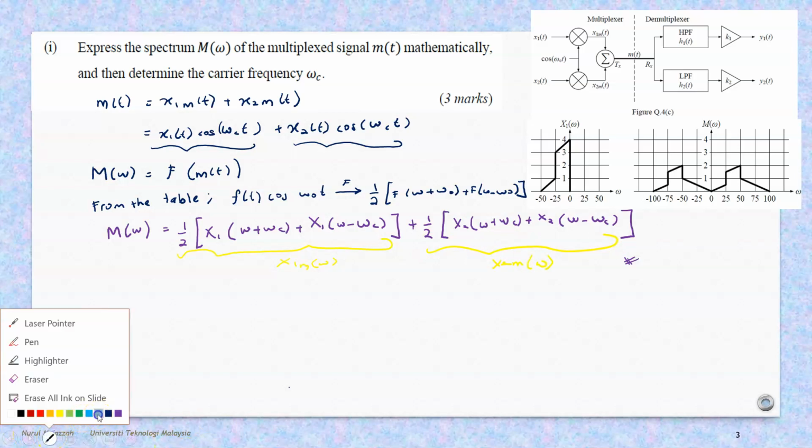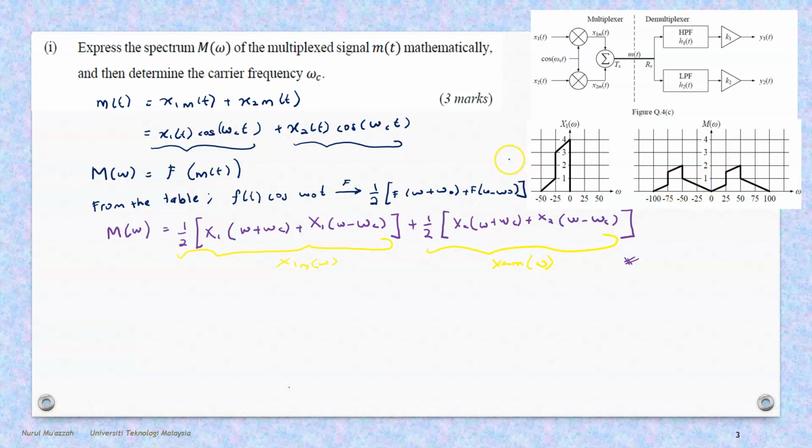Now we want to find the carrier frequency, so we have to observe the figures given here. We have X1(omega), and we have M(omega), whose highest amplitude has been divided by 2. The highest amplitude here is 4, and the highest amplitude here is 2. So this explains why M(omega) is half of the amplitude of X1.